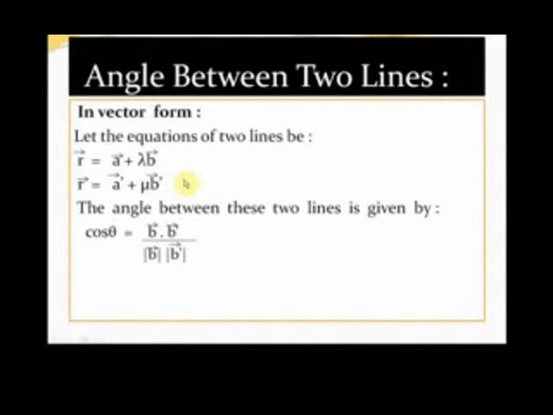Now the angle between these two lines is given by cos theta equal to vector B dot vector B dash divided by modulus of vector B into modulus of vector B dash.